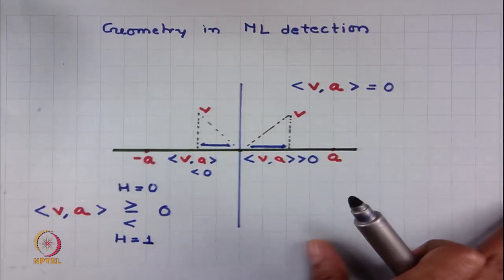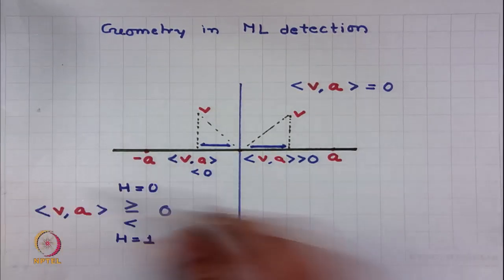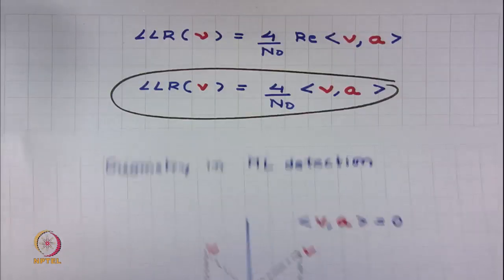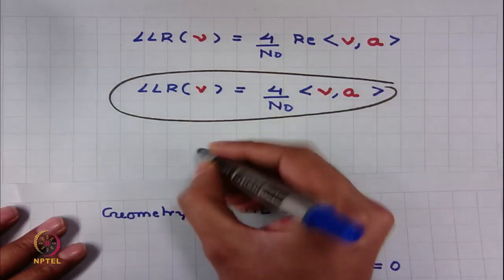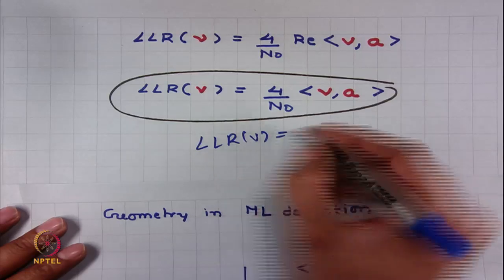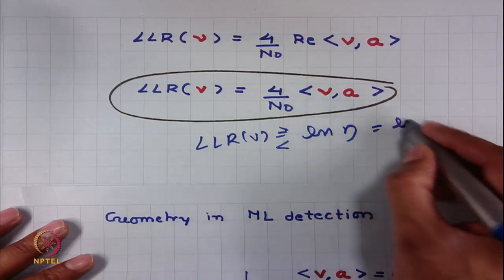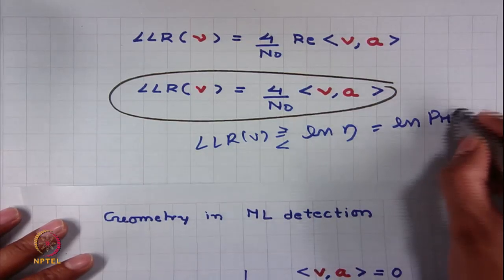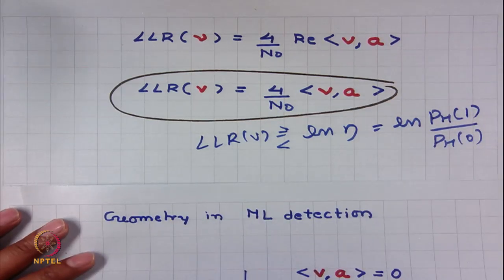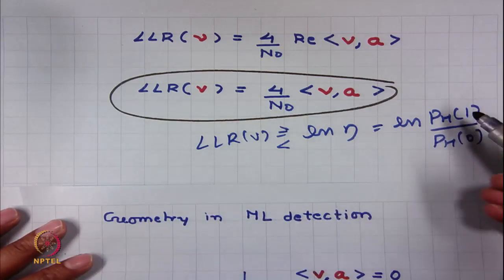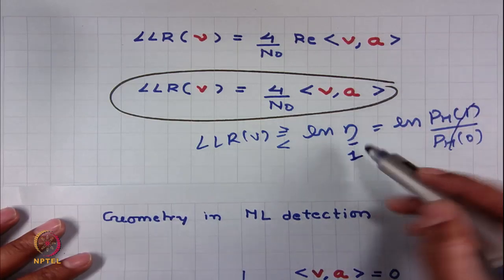So, let us look at where is the threshold. If we are talking about ML detection, what we assume is that we have equal priors. Once you have equal priors, you know that we have to compare this log likelihood ratio with ln of eta, and this ln eta is simply ln of the ratio of prior probabilities. If these priors are equal, eta is 1, ln eta is 0.